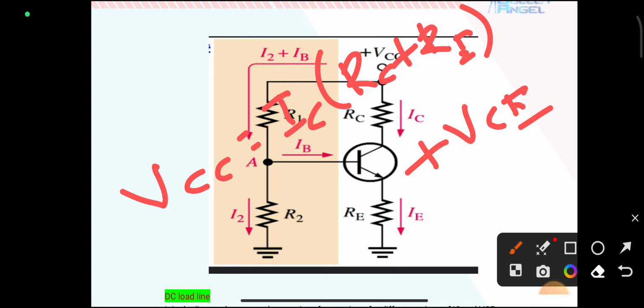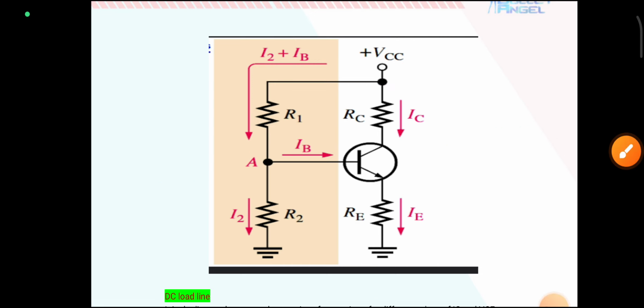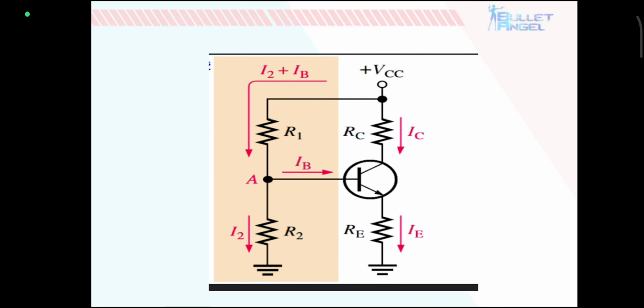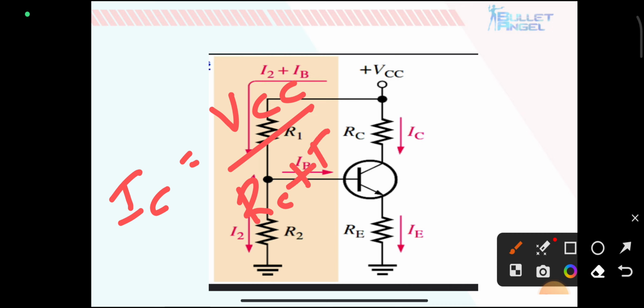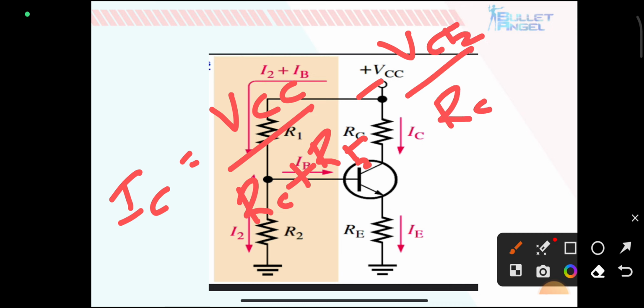Then the relation between IC and VCE is IC is equal to VCC by (RC plus RE) minus VCE divided by (RC plus RE). So this is the relation.